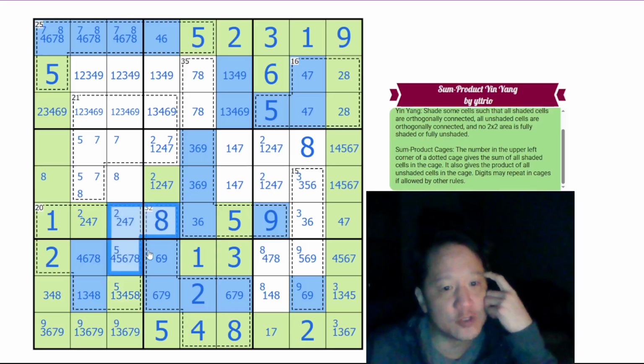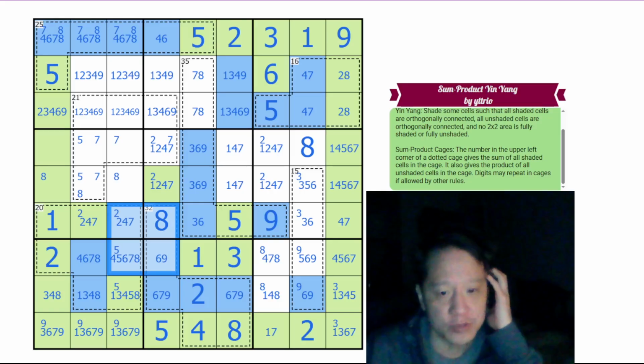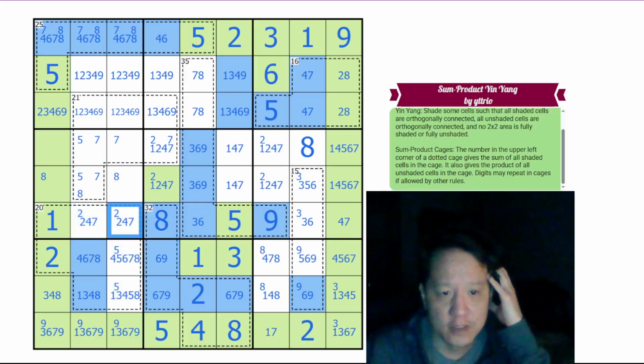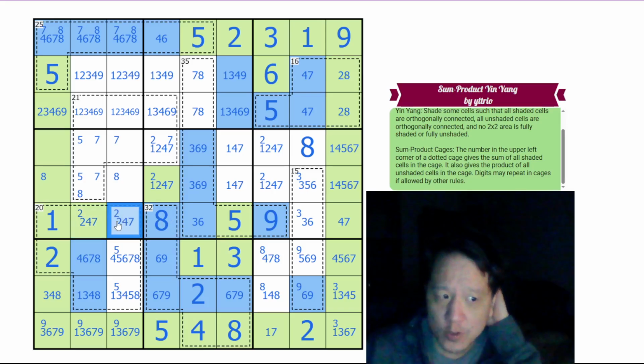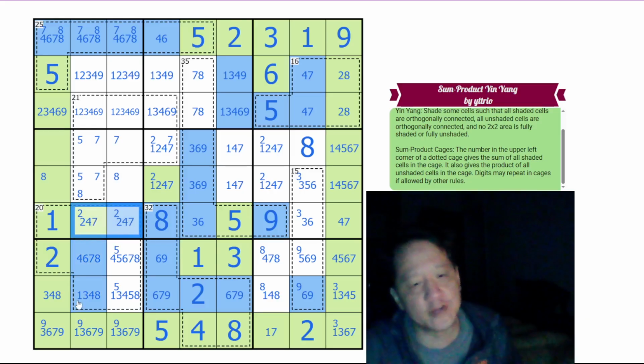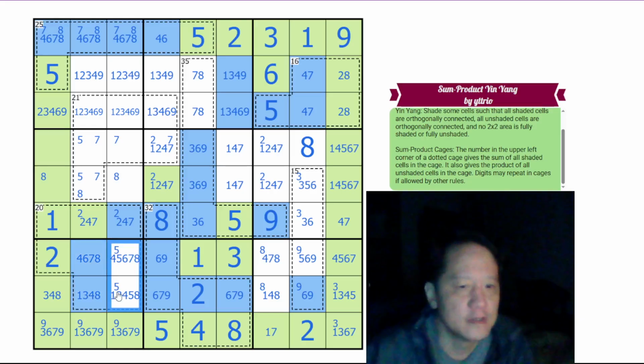Oh, wait, no, we have a 2x2 area that's all blue, so no, that doesn't work. So this cannot be blue, right? Again, if this is blue, this forces this to be green because we need to multiply. You can't have 2 blues here because that would multiply 5, 1, and then that doesn't add up because you have 2, 2, 7 at most with 8. So that doesn't work.